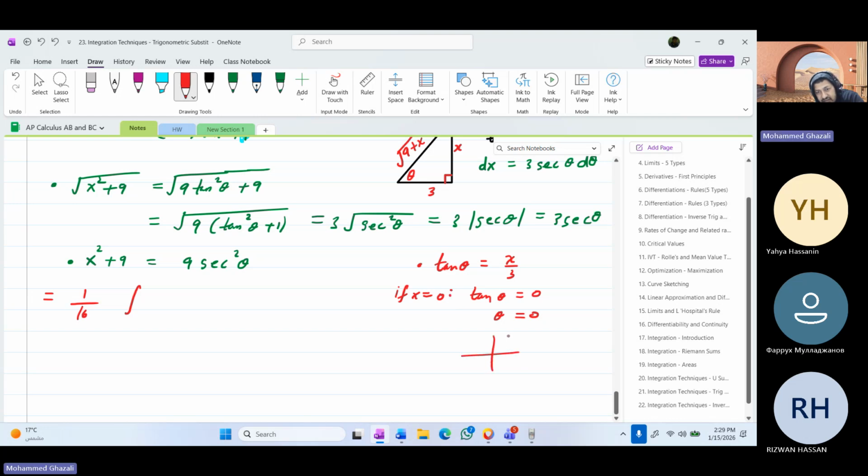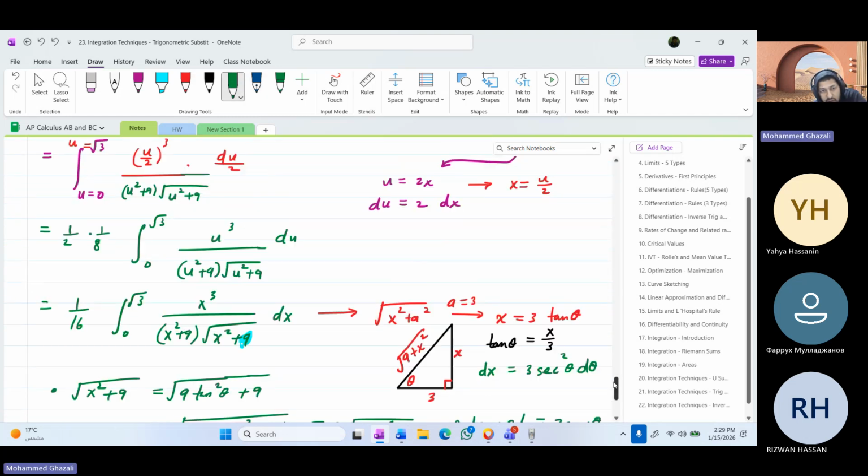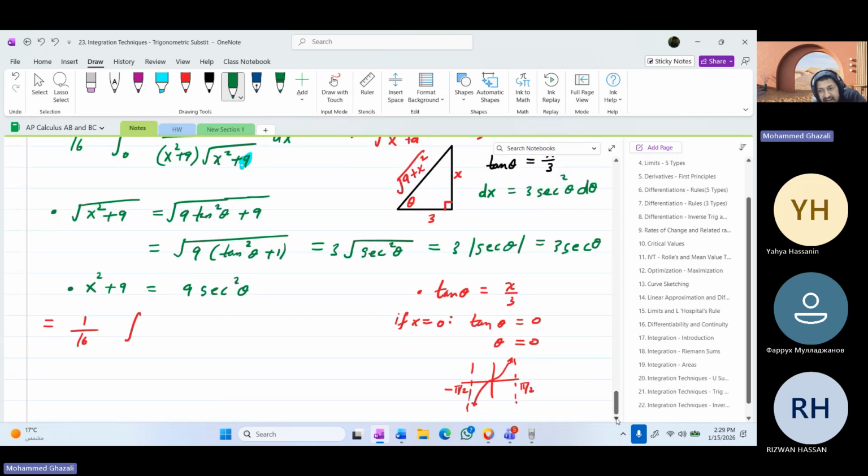Remember the tan graph goes like this. That's negative pi by 2, and that's pi by 2. Right, now, next one. What about the value of root 3?